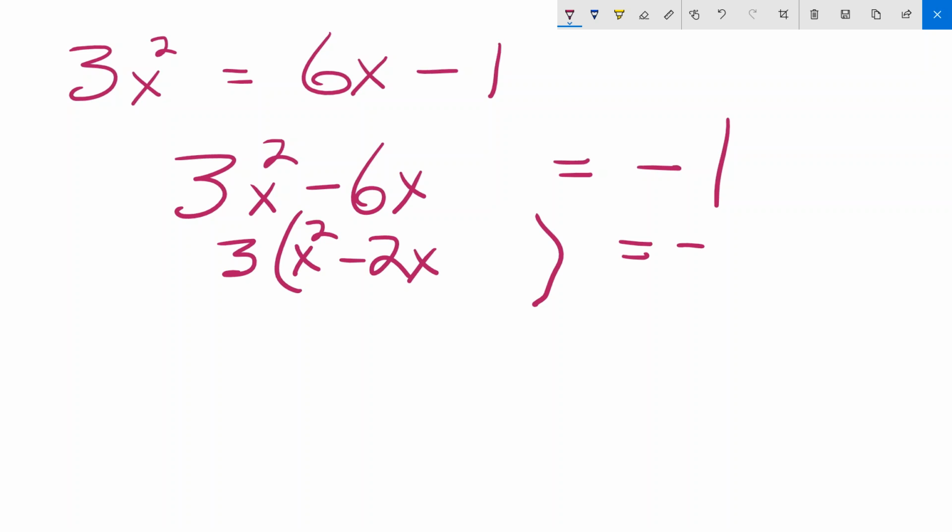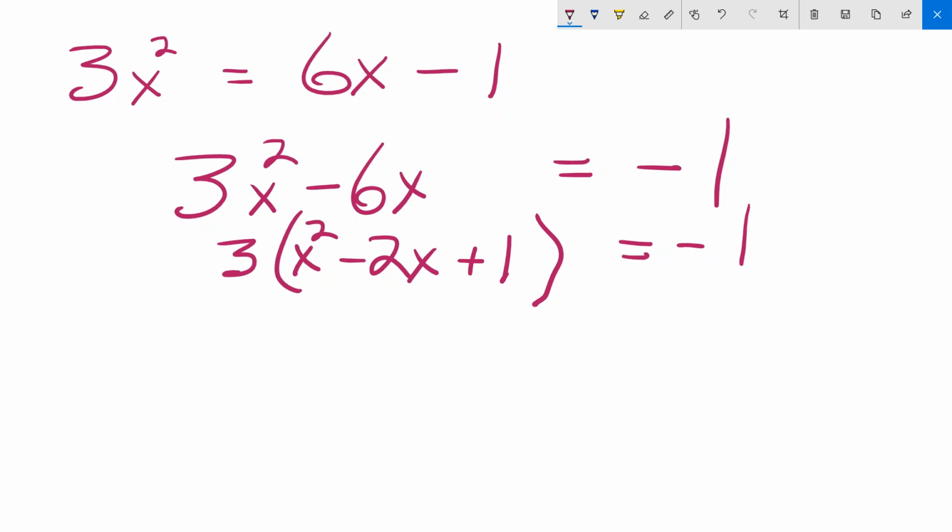Yeah, and it's always a good idea to leave room, like I just did there. When you're doing it on paper, you want to do exactly the same thing because you have to fill in the blank spot. So what's next? And then you do half of 2, which is 1, and square it, which would also be 1.